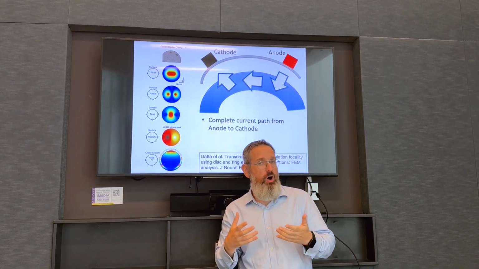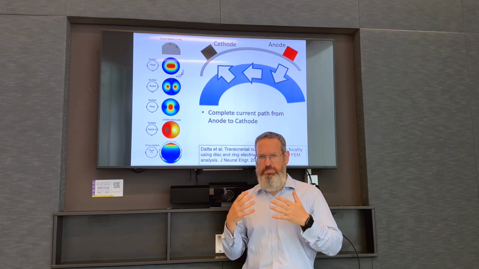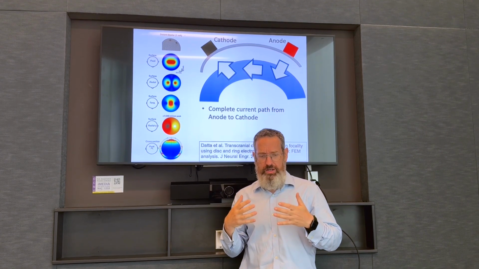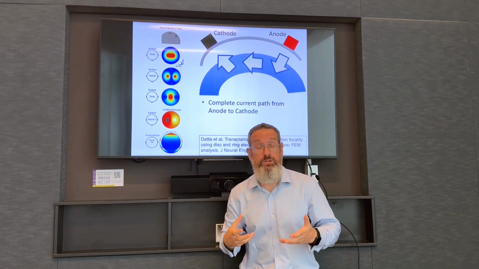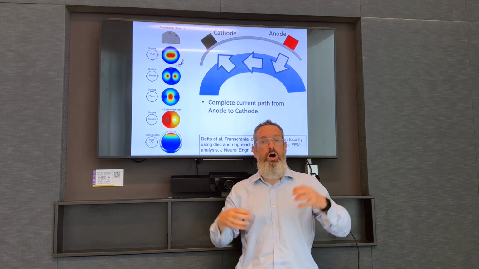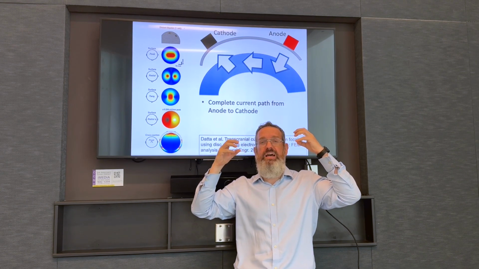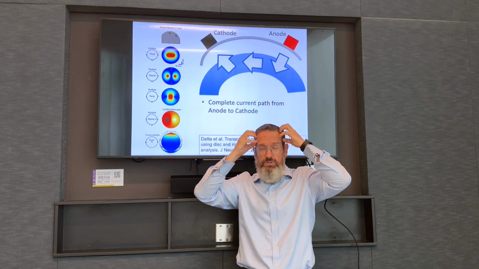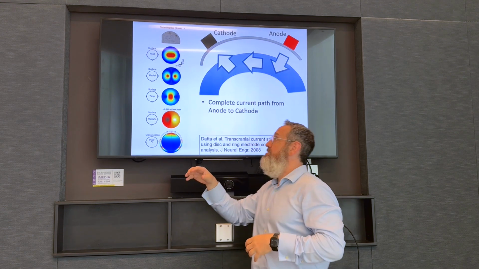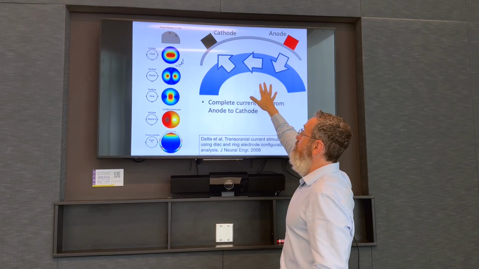Now, this may seem obvious, but it was an important conceptual thought in the context of transcranial direct current stimulation, where often people would put electrodes on the head and they would just focus on what was happening under the electrodes, but current must be conserved. And so current must flow from one electrode to the other.